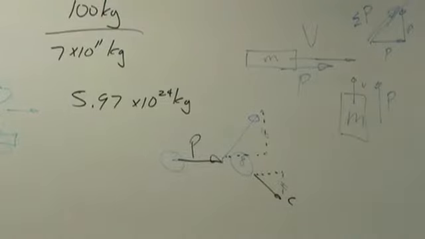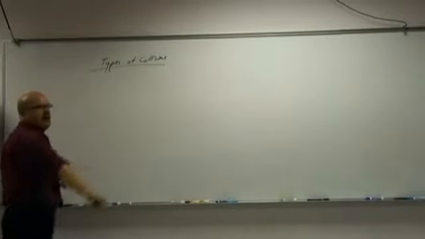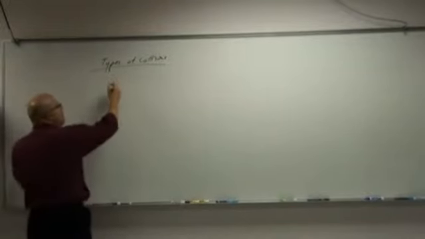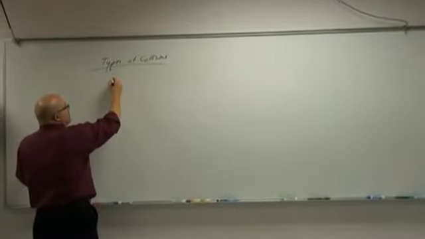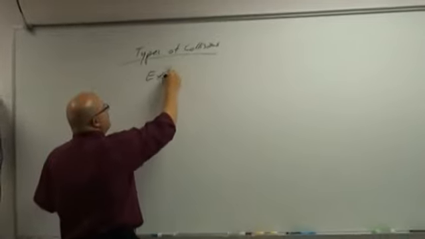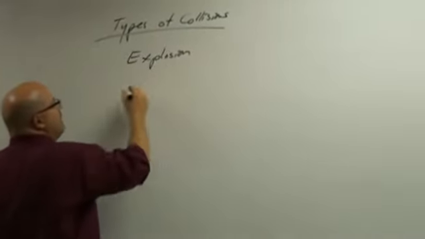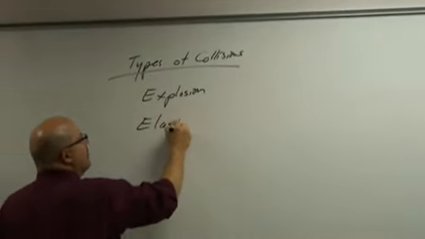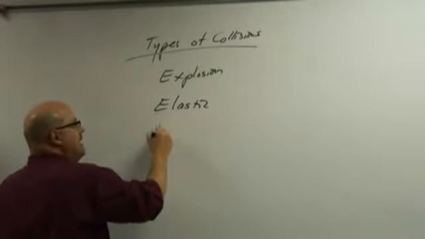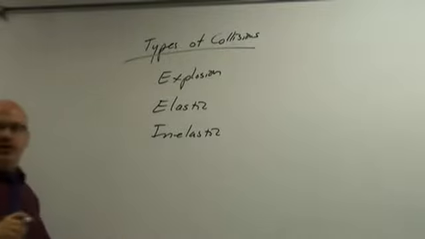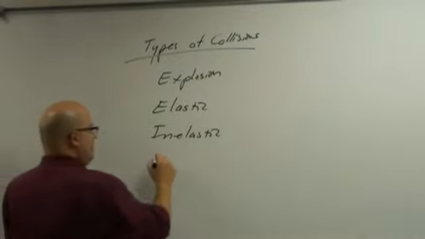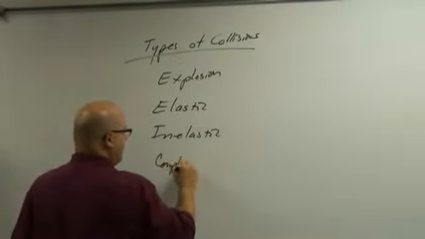All right, we have, count them, four different types of collisions. Types of collisions, here you go. There are 4. You ready? They are, in order, explosion, elastic, inelastic, and perfectly or completely inelastic.